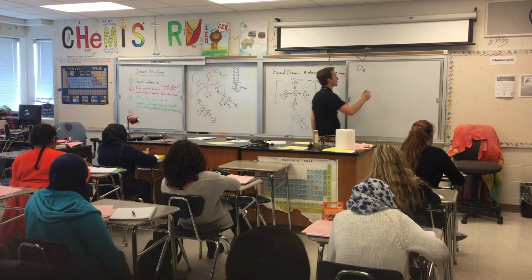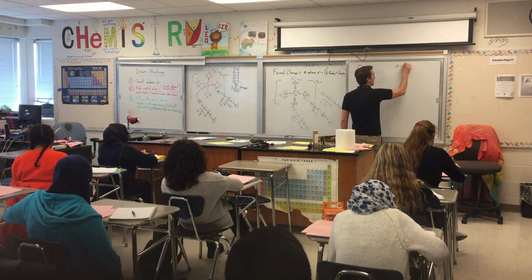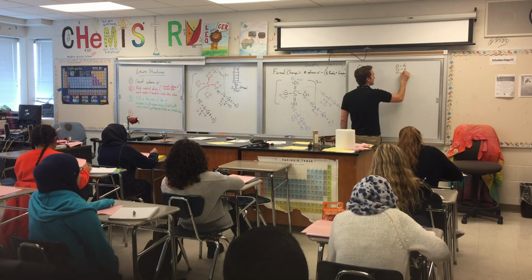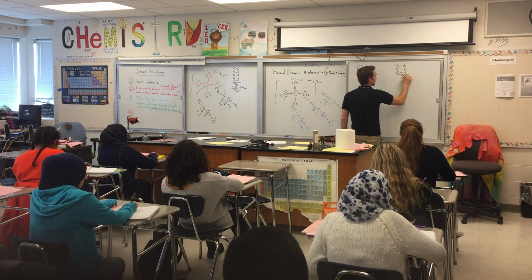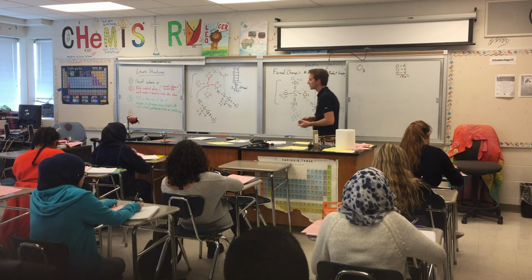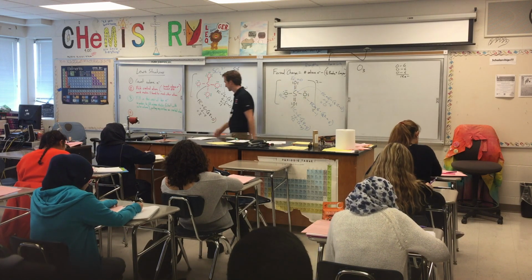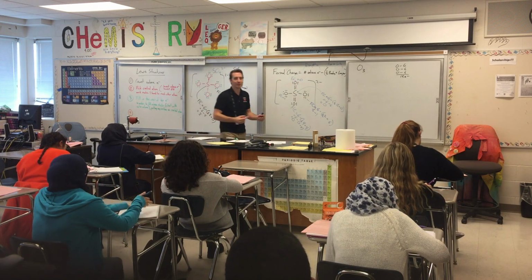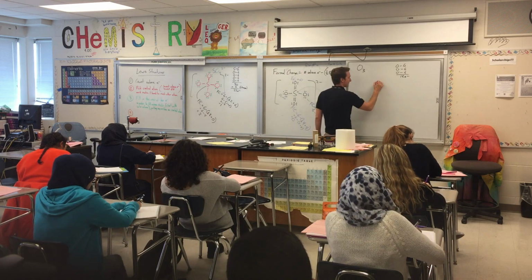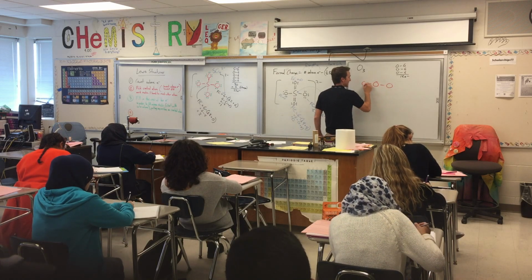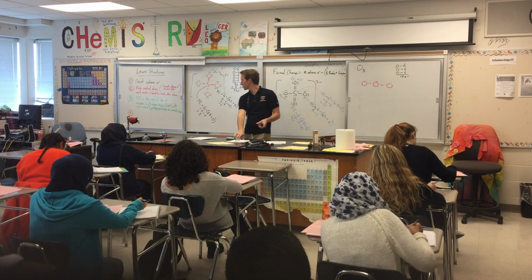First step, how many valence electrons? 18, because each oxygen has 6. 6 plus 6 plus 6, we got 18 to work with. Who's going in the middle? No choice, right? O in the middle. One bond to each of the other O's.